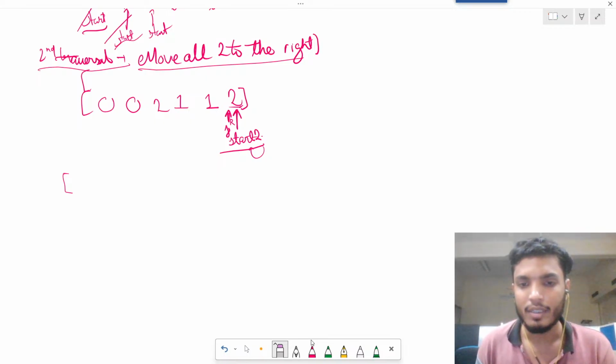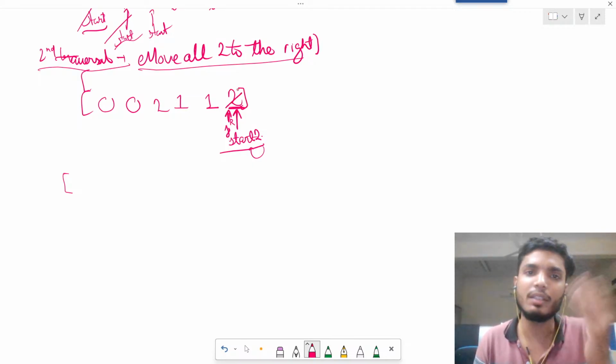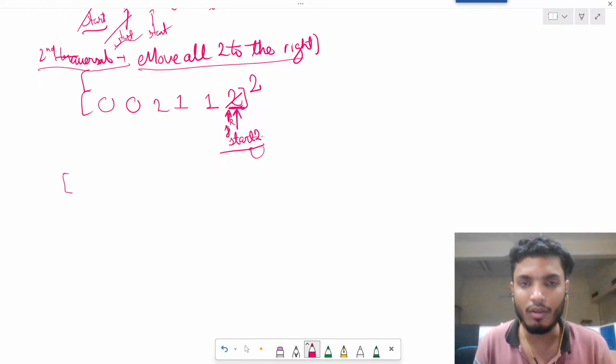Is it 2? Yes, it is 2. This is 2, right? So I'll swap this arr of J with start 2. Because this is 2, I will swap J with start 2. So this will be swapped with itself, so it remains 2. Why do I swap? Because I don't know anything, I just want to see what arr of J is.